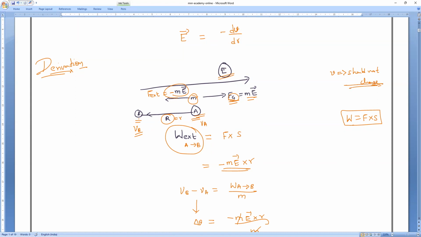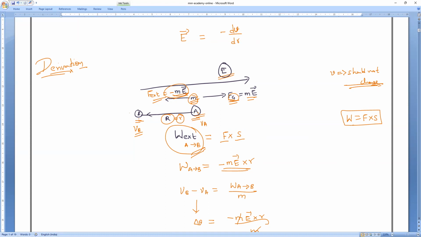So I have to exert a force equal and opposite to the gravitational force, so that there is no change in velocity. That external force is minus M into E. So work done to transfer mass M from A to B is force into displacement. Displacement is R and force is minus M E, so that is the work done by the external force from A to B.